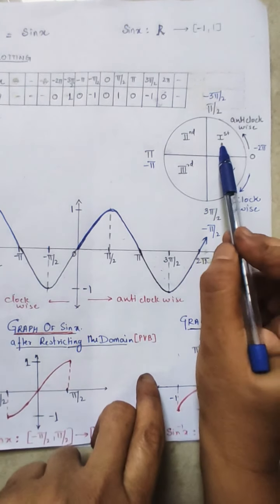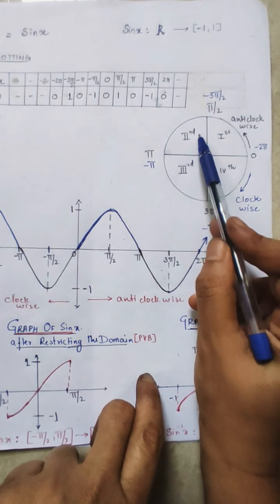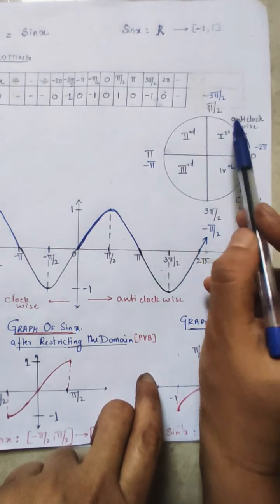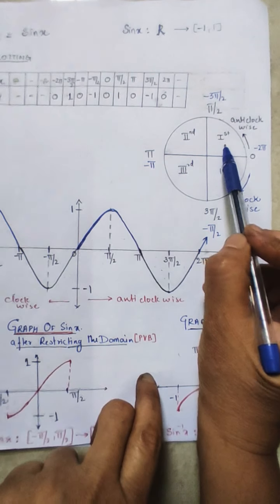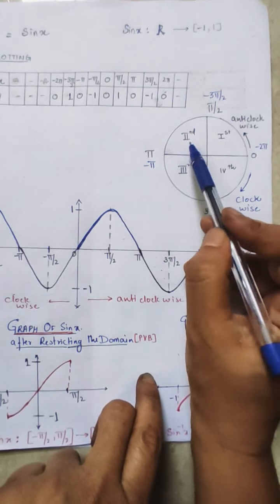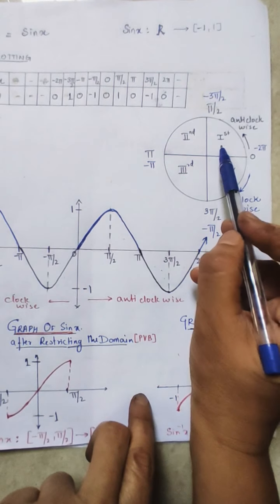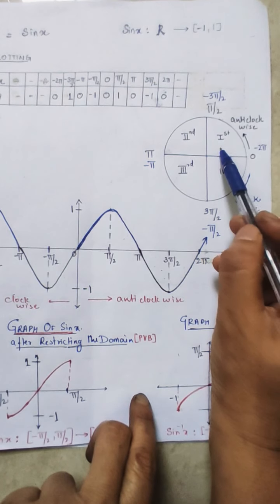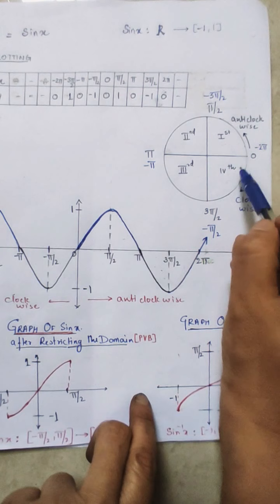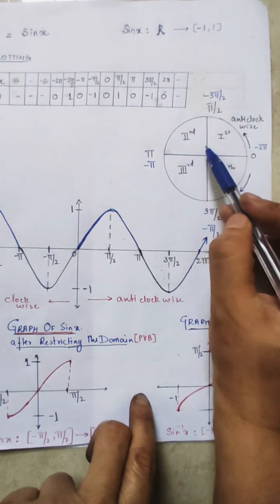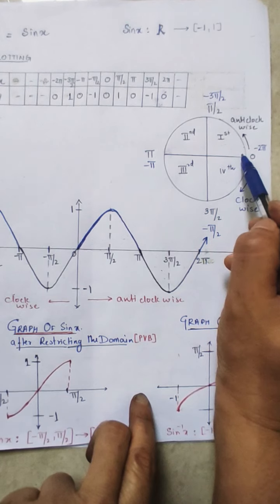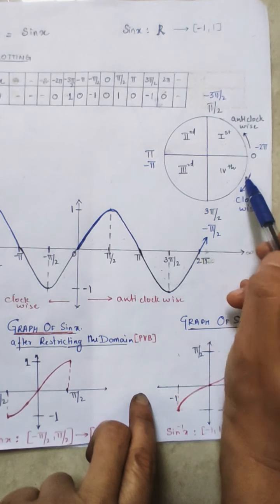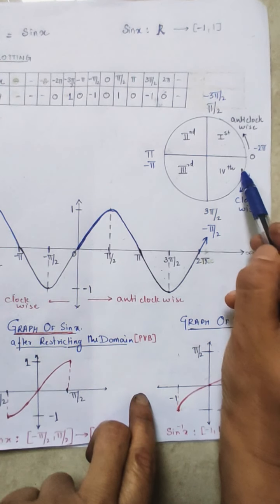It could be the first and third quadrant, but since a gap is maintained, when selecting the domain 0 to pi by 2 for the positive range and pi to 3 pi by 2, you have to insert a union sign, and only then can this become the principal value branch. So it is better to select the first and fourth quadrants, moving anti-clockwise to select the first quadrant as the domain, and moving clockwise to select the negative values of the domain.